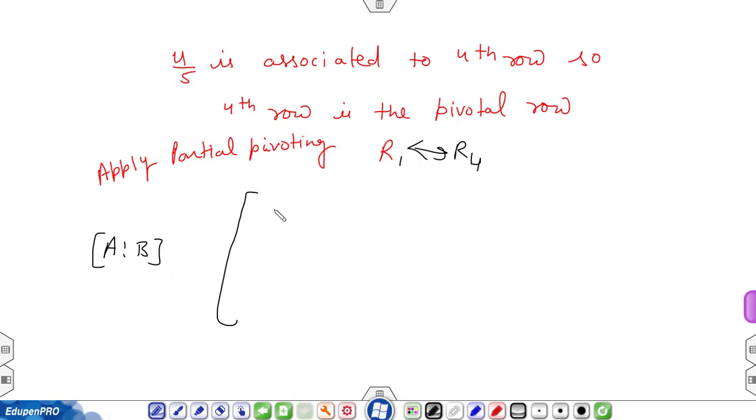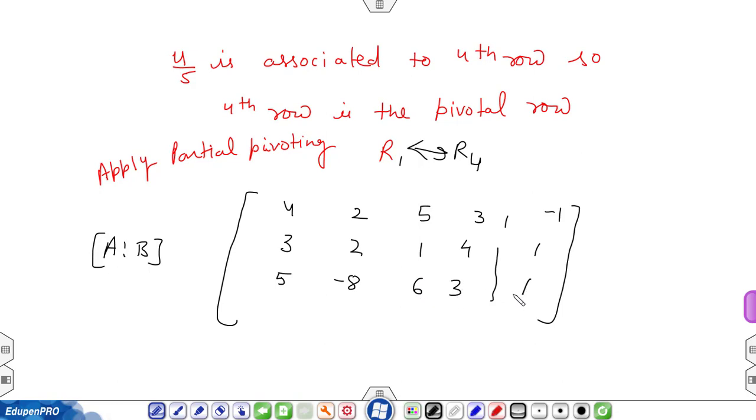So row R4 is 4, 2, 5, 3, minus 1, where minus 1 is the entry in vector B. And all other rows will remain as they are: 3, 2, 1, 4, 1. The third row is 5, minus 8, 6, 3, 1, and the last row will be 1, minus 1, 2, 1, and 1.